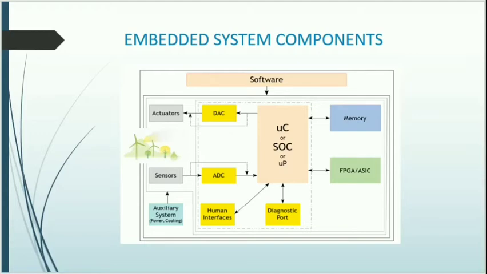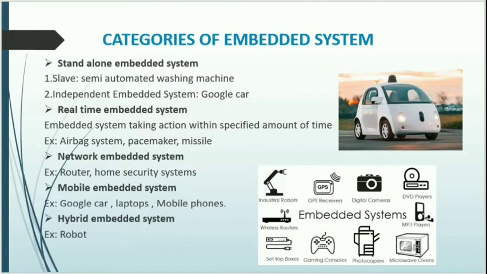Next, categories of the embedded system. The categories of the embedded system are stand-alone embedded system. As the name itself suggests, it doesn't require a host, means it works by itself.